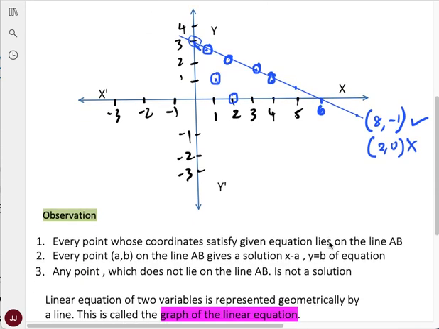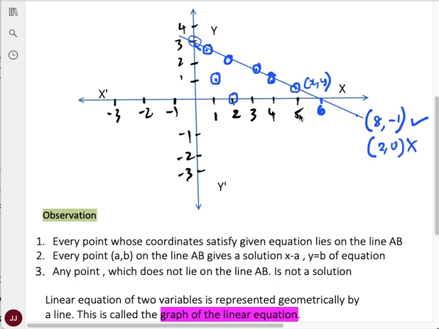If we observe our points on the line, we'll notice that every point whose coordinates satisfy the given equation will be lying on the line AB, and every point on the line AB gives a solution x is equal to a, y is equal to b of the equation. So every coordinate you take along this line, which has the x and y coordinate, forms a solution of the equation.